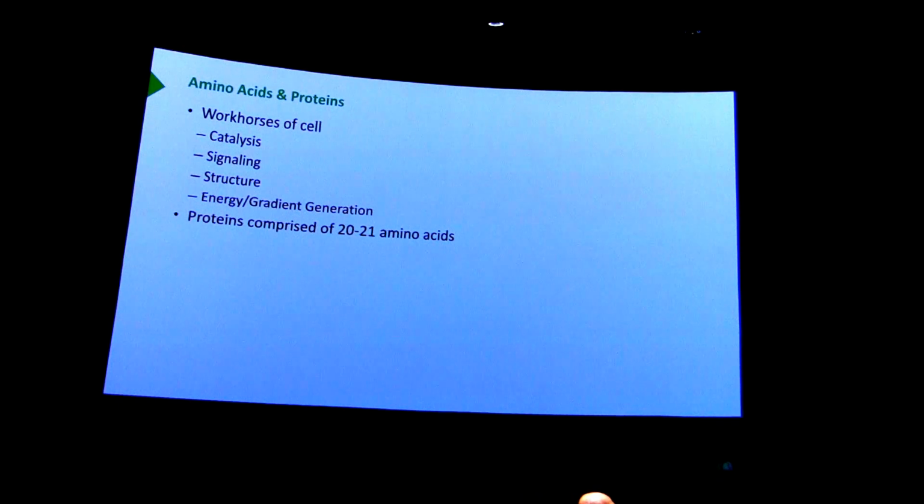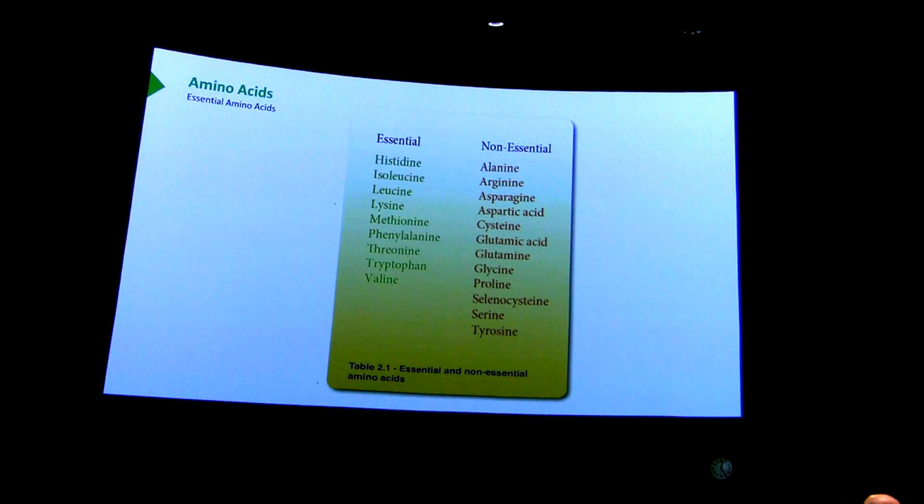Proteins are comprised of 20 to 21 amino acids, and I actually include 22 now, as I will show you. And they're broken into two groups from a nutritional perspective, the two groups being essential and non-essential amino acids. Essential amino acids are those we have to have in our diet because we can't make them. No, you don't need to memorize this list. It's just there for your information. The list actually changes a bit.